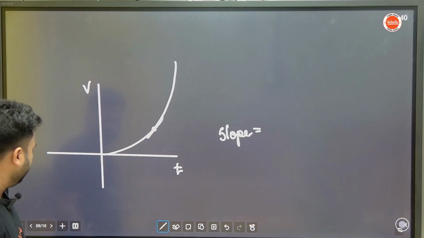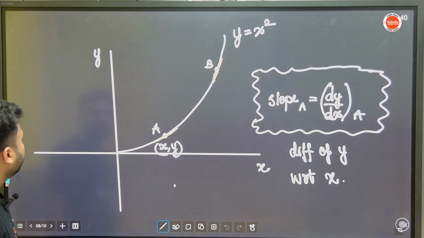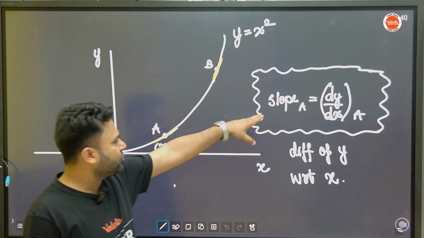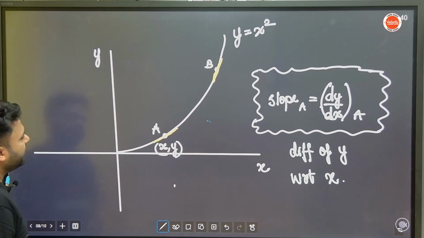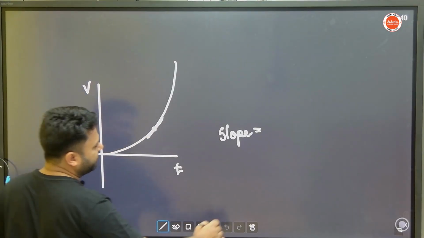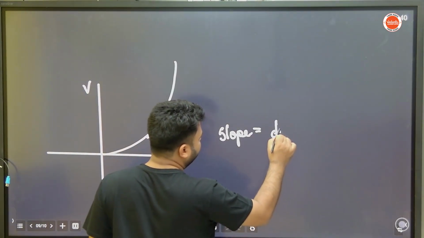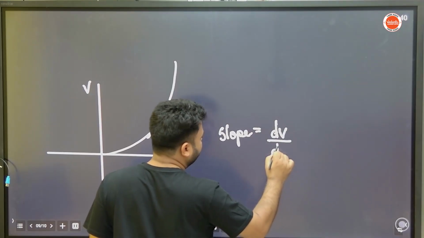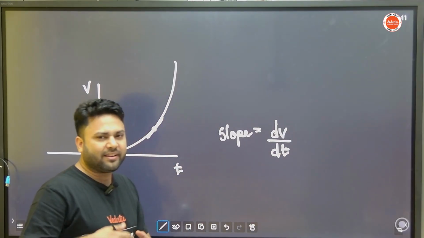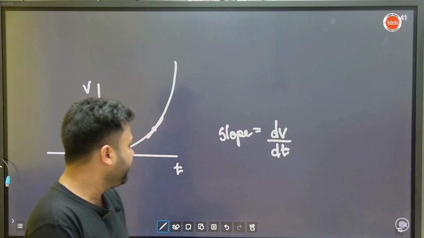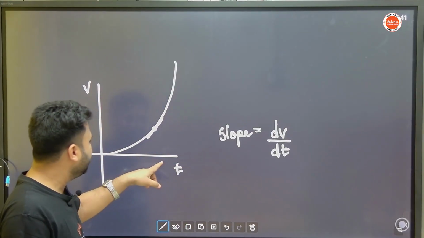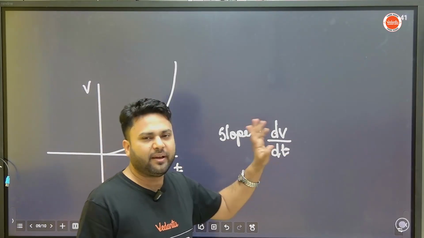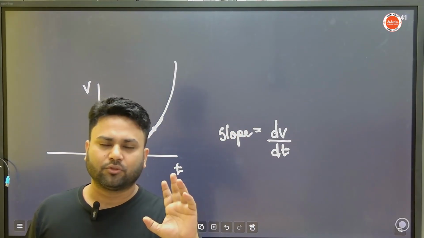Earlier, if this is a y versus x graph, we used to write slope as dy by dx. Similarly, if it is a v versus t graph, we will write slope as dv by dt. See the pattern. This is called pattern learning. If a y versus x graph is there, you write dy by dx. If a v versus t graph is there, we will write dv by dt. This you should understand.